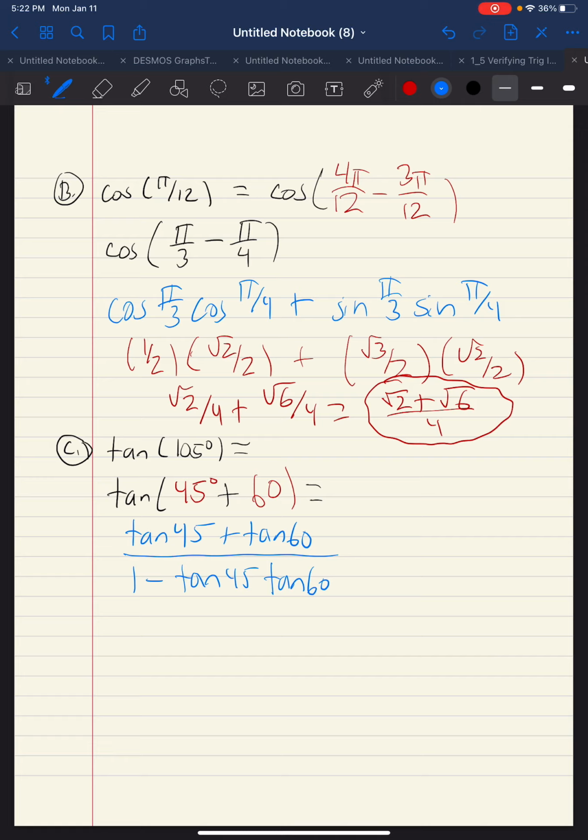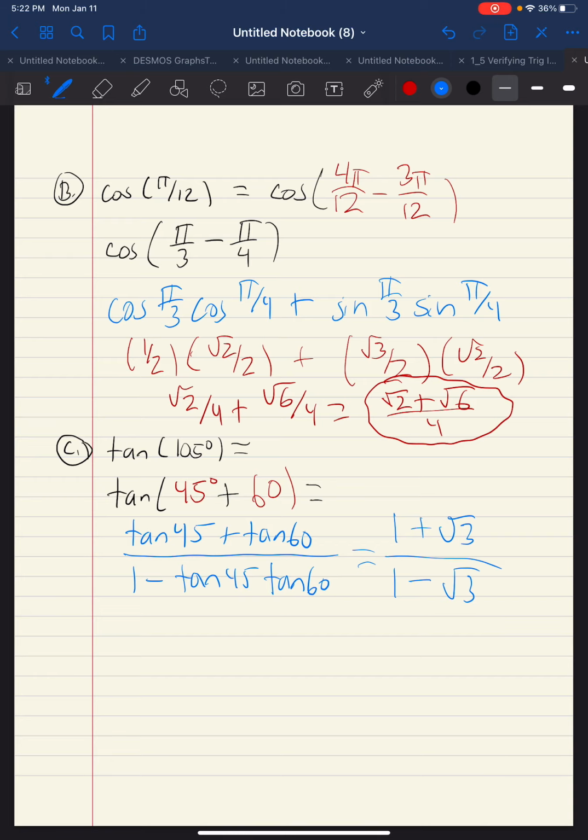And then we know that if you're using the unit circle, tan of 45 is 1 plus tan of 60 is radical 3. And then in the bottom will be 1 minus radical 3 times radical 3.